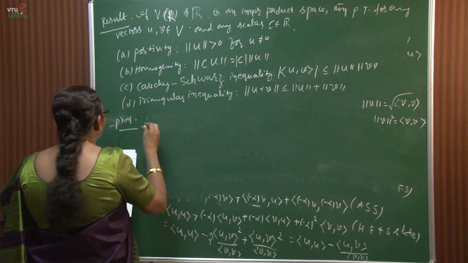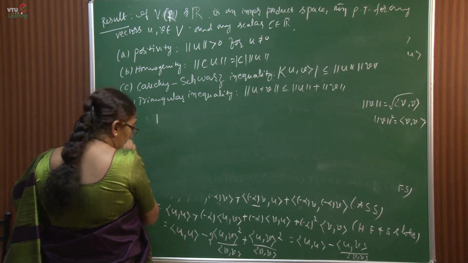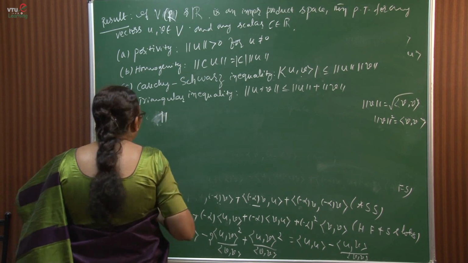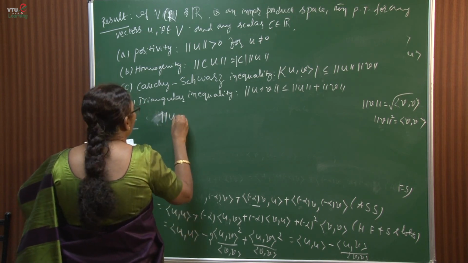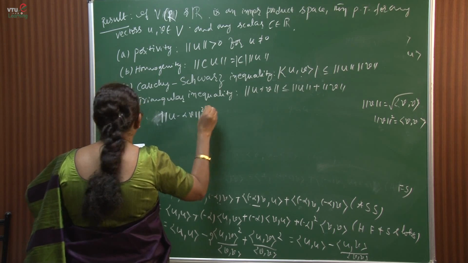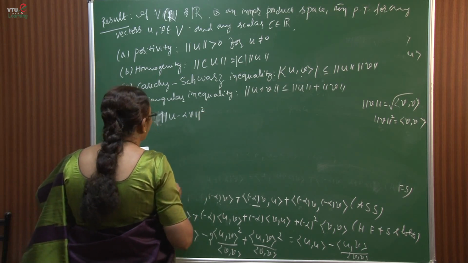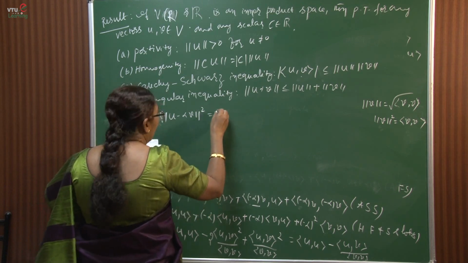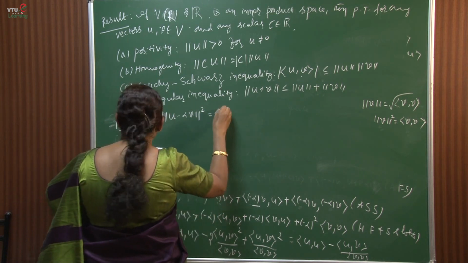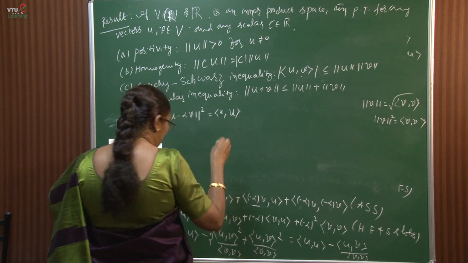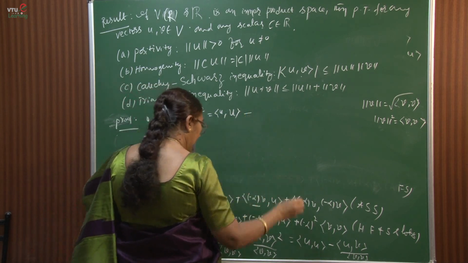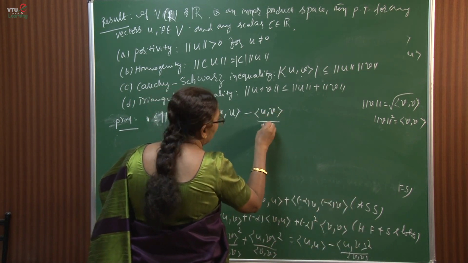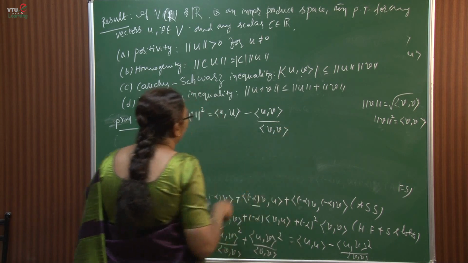What is the right hand side here? The norm of u minus alpha v whole square is greater than or equal to 0, and this must also be equal to the inner product of u comma u minus the inner product of u comma v whole square divided by the inner product of v comma v.